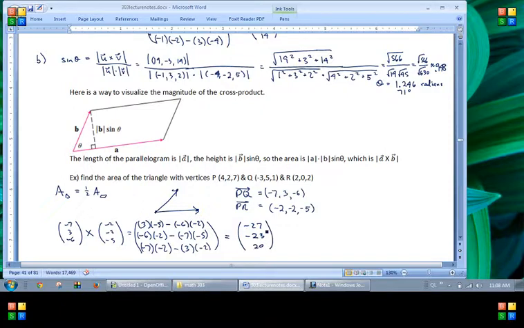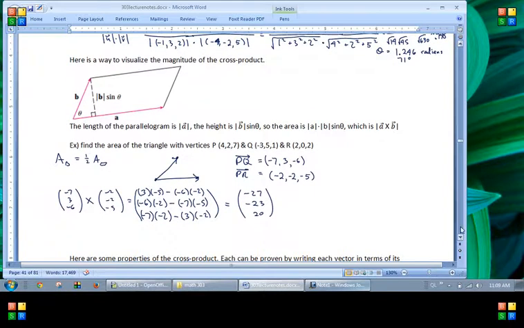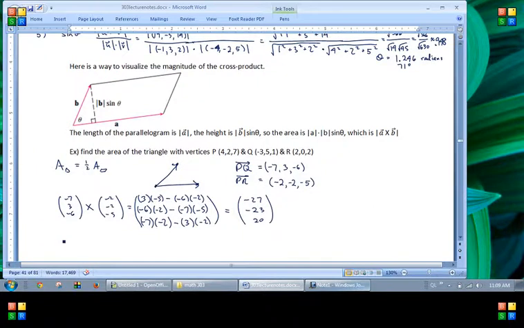So there's the cross. What we need is the magnitude of the cross. So the area of the triangle equals, we know it's going to be half of the magnitude of that.